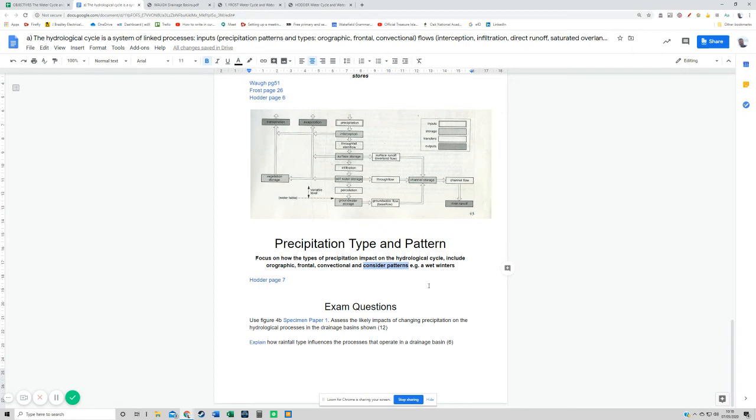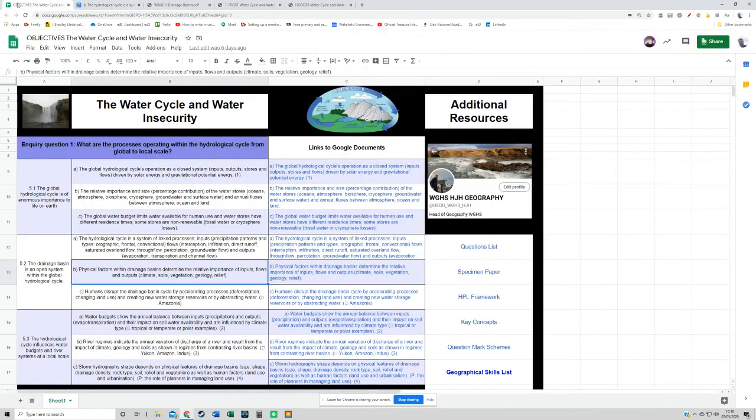So with this, the whole of 5.2 is about how water flows through this system. And the next two sections, the first one focuses on physical factors, and then the second one focuses on human factors. So it's getting your head around how they impact on them.